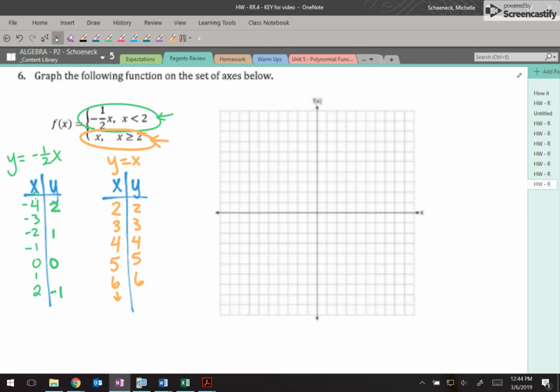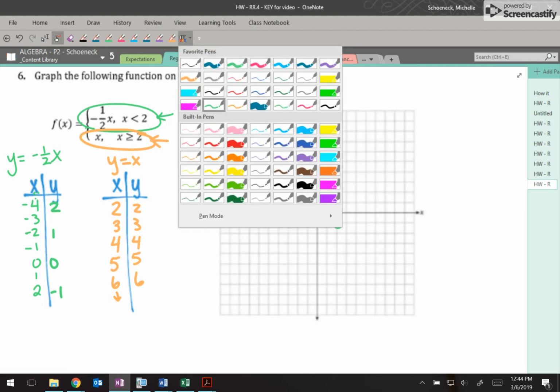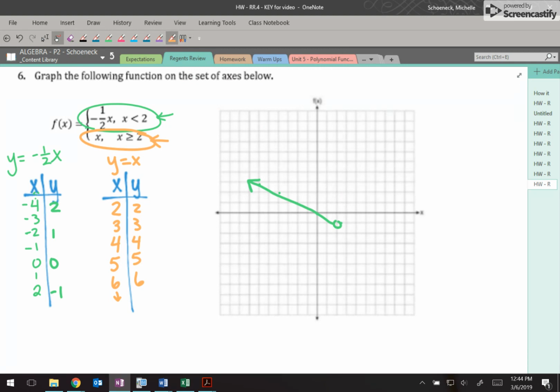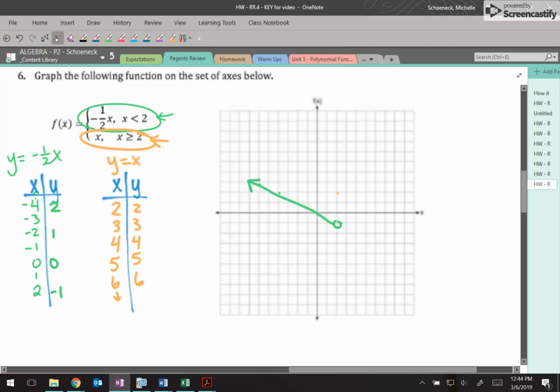So at 2, negative 1 is an open circle, and then I'm going to keep graphing in my pattern. Next up is y equals x, starting at 2. So 2, 2, that's a closed circle. So that's there. And then we're going to keep on graphing.